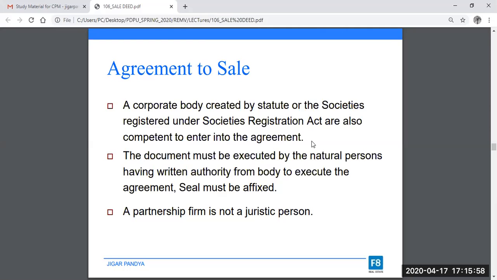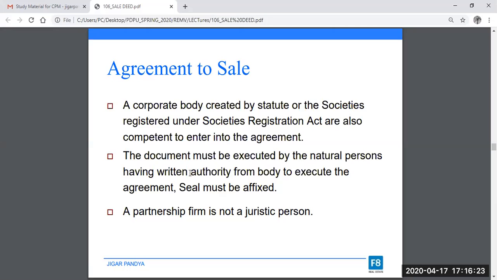In which case, if a society is selling a property or land, all the members are required to sign. This is true for all the redevelopment projects that are currently being queued up in the city.